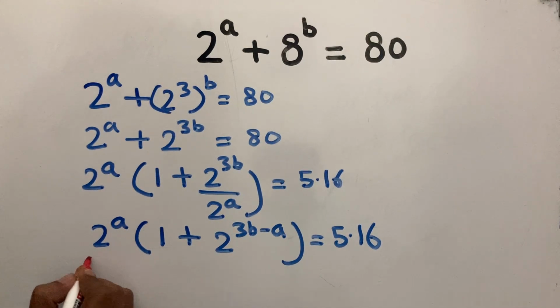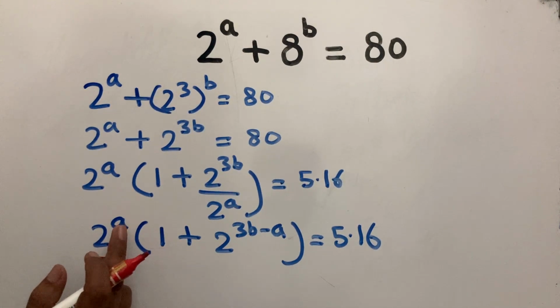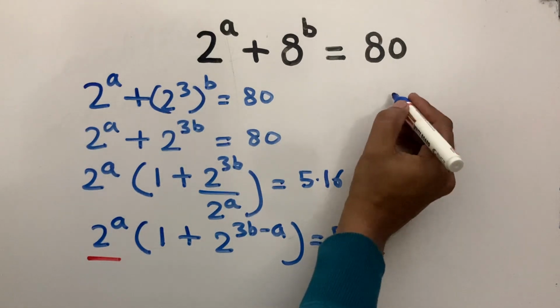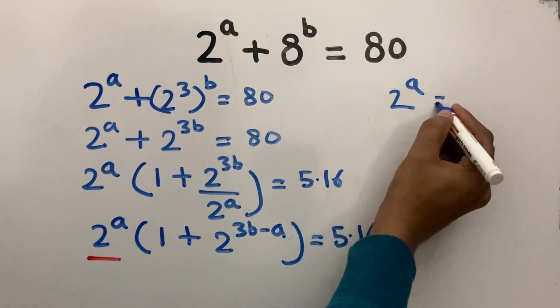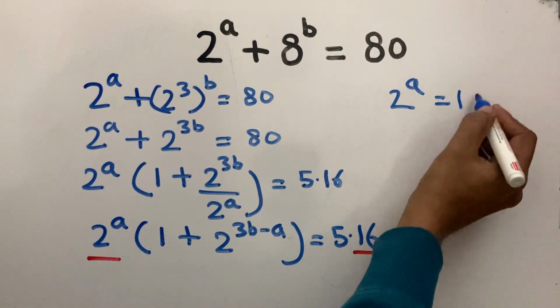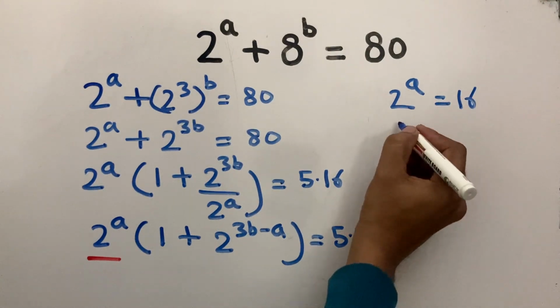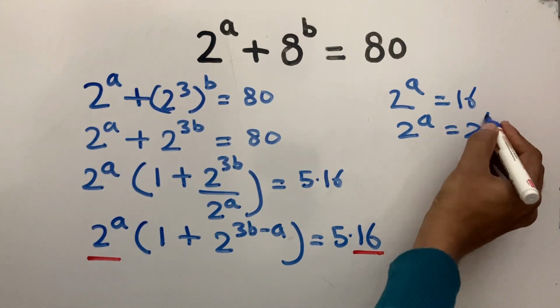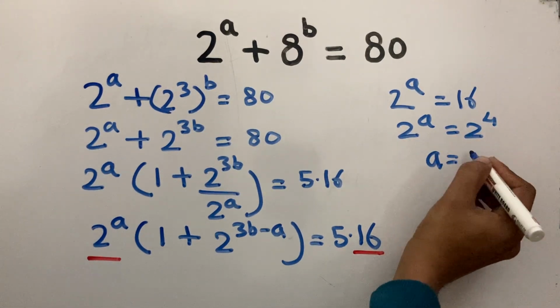As we know that 2^n is always going to be an even number, by comparison we can say that 2^a = 16, and 2^a = 2^4. So a = 4.